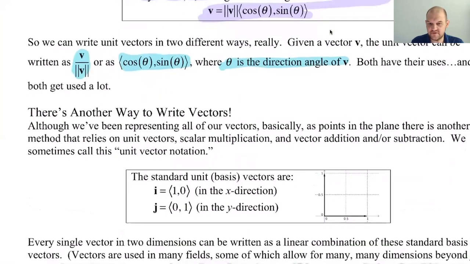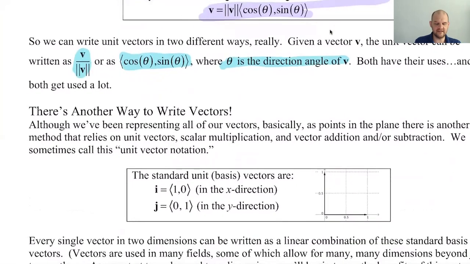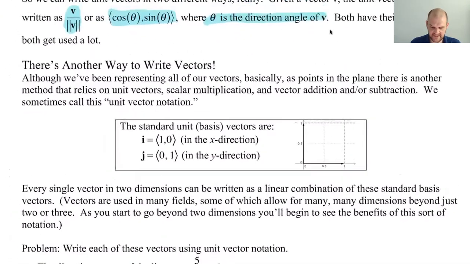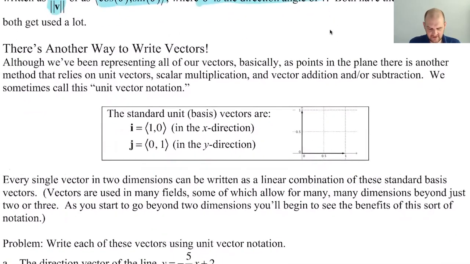There's actually another notation for vectors, and it's called unit vector notation. The idea is, what if we looked at the plane as really just being scalar multiples of a unit vector in the x direction, added to some scalar multiple of a unit vector in the y direction.